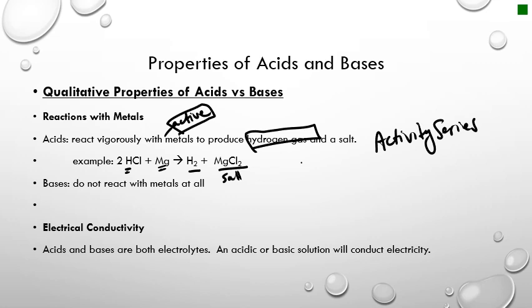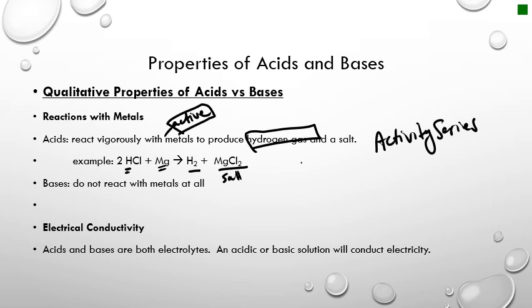So only the metals that are above hydrogen on that activity series would actually react with the acids. Anything below, I've referenced the fact that I could put my gold ring into the hydrochloric acid and absolutely nothing will take place. So it has to have the metals being above hydrogen on the activity series. For your bases, they will not react with metals at all.